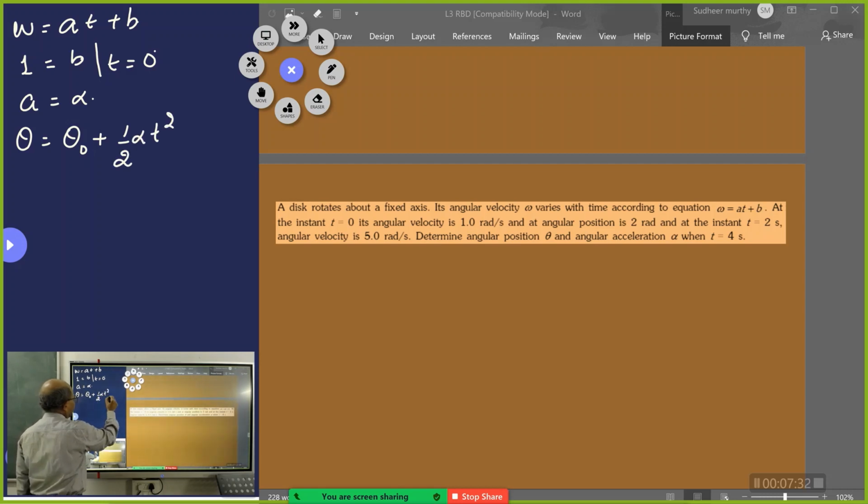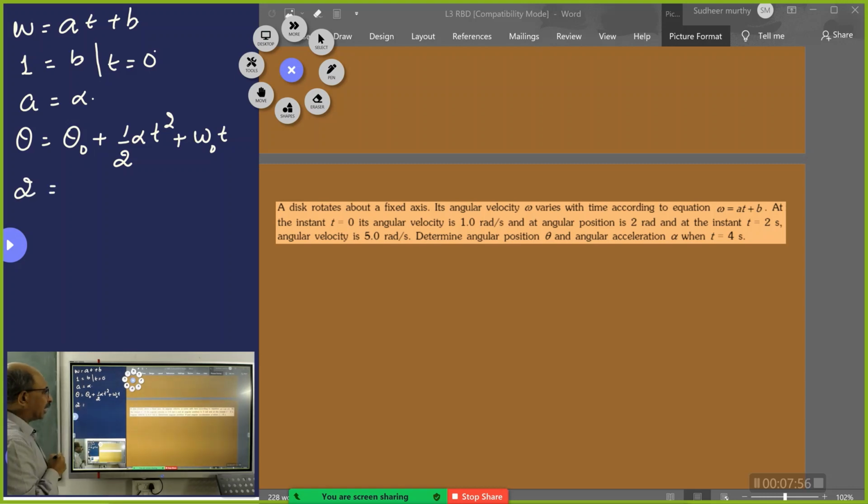Correct? Like S is equal to ut plus half a t square. So alpha is a. And the second condition they have given is its angular position is 2 radians.